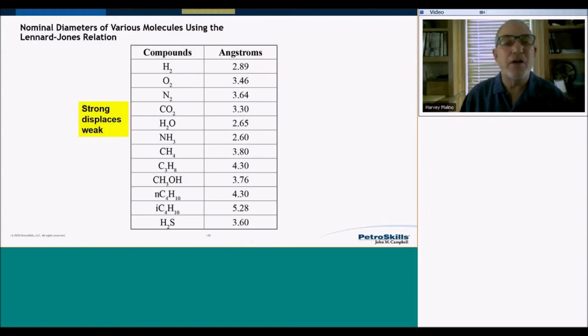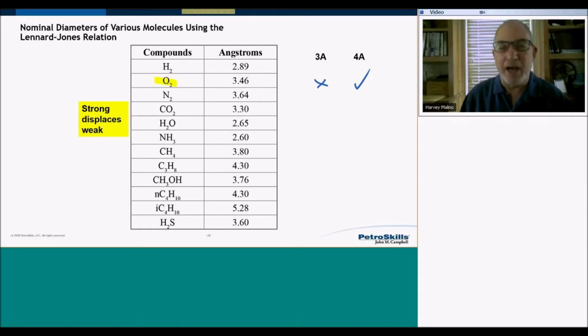Let's take a look at this chart over here, which shows the nominal molecular diameter of some various molecules. And we're going to compare the nominal molecular diameter of some species to what happens on type 3A molecular sieve with a 3 angstrom opening and type 4A molecular sieve with a 4 angstrom opening.